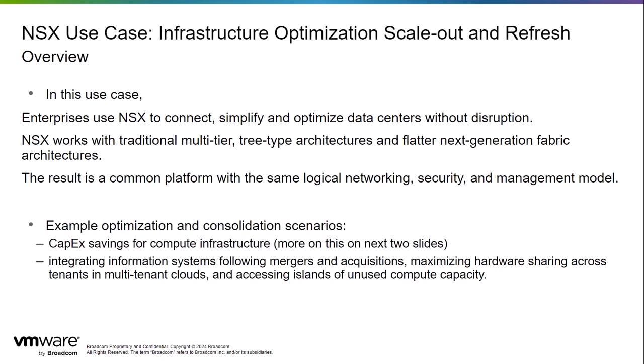The result is a common platform with the same logical networking, security, and management model. We will look at an example optimization and consolidation scenario with CapEx savings for compute infrastructure and integrating information systems following mergers and acquisitions, maximizing hardware sharing across tenants and multi-tenant clouds, and accessing islands of unused capacity.